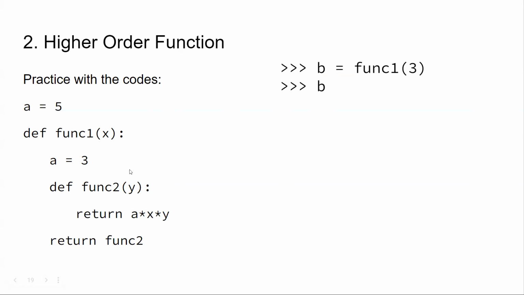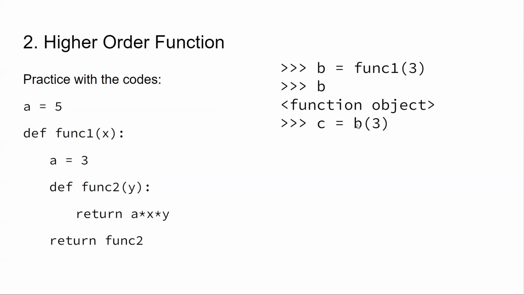Then we have the function definition, recognize it, and skip, and then we return function 2. Function 2 is a function. So we bind b to the return value, which is a function. So b is a function object.